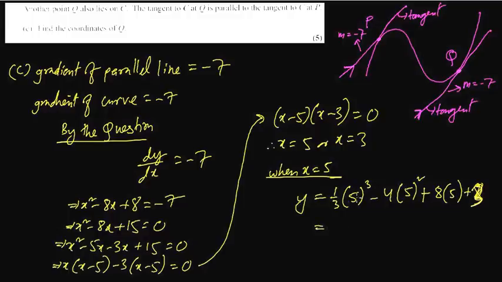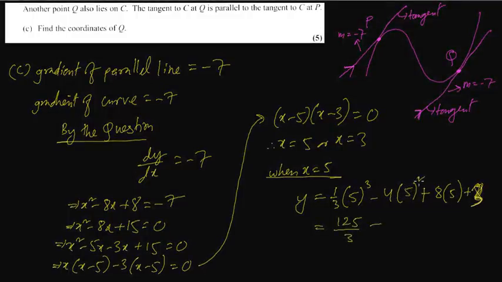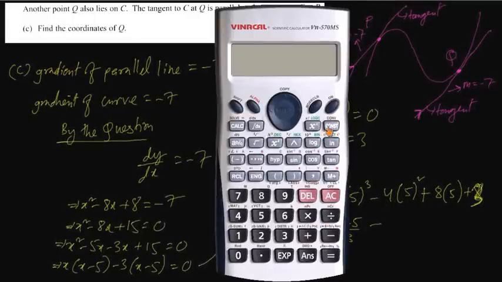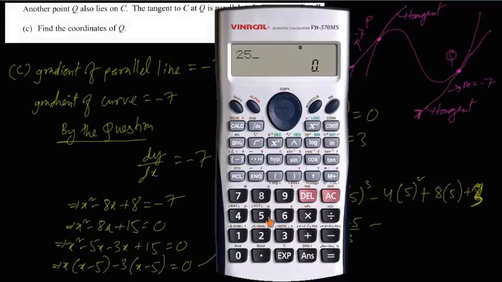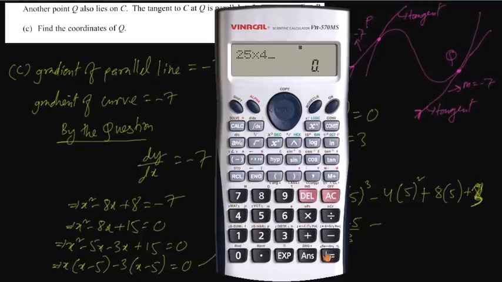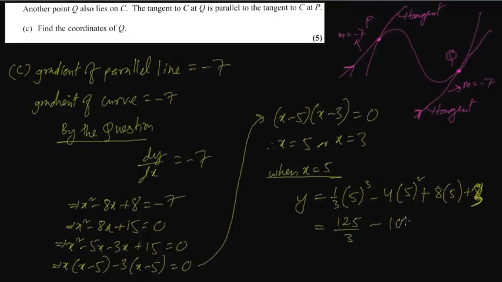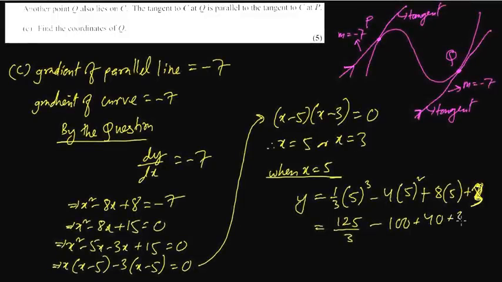Okay, let's calculate. 5 cubed is 125 by 3. 5 squared is 25. 25 into 4 is going to be 100. Plus 8 fives are 40, plus 3.